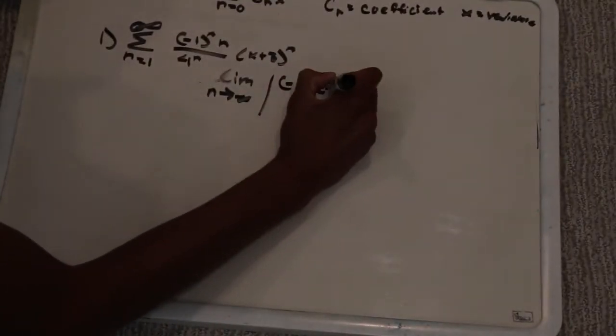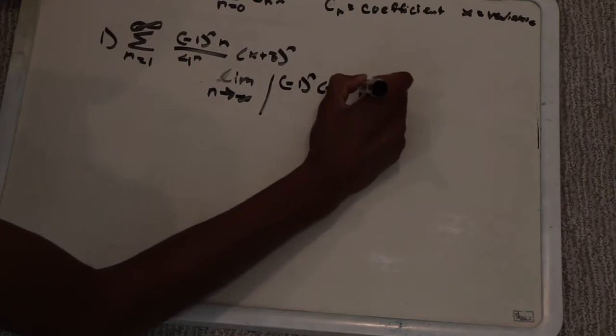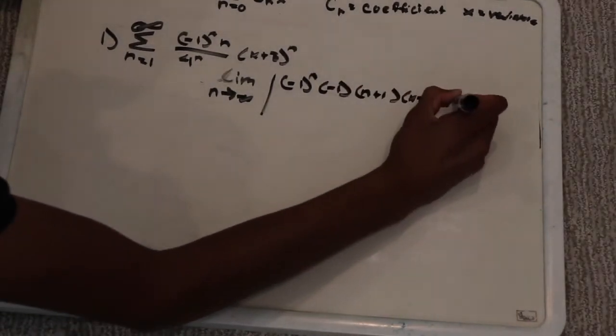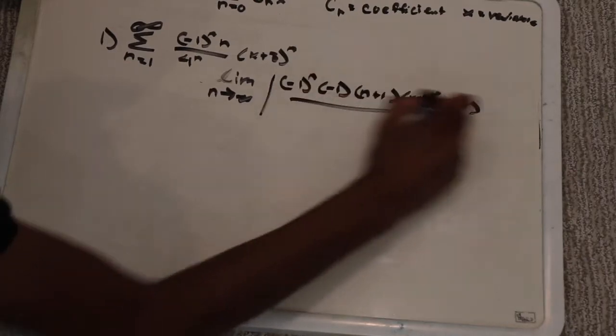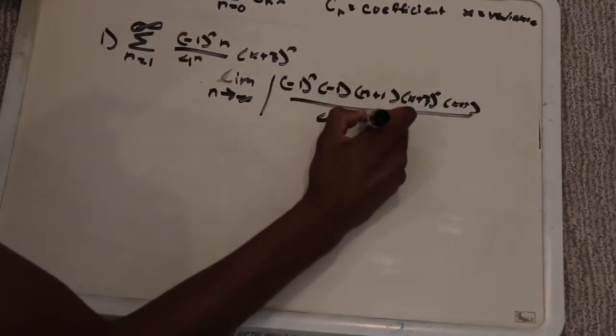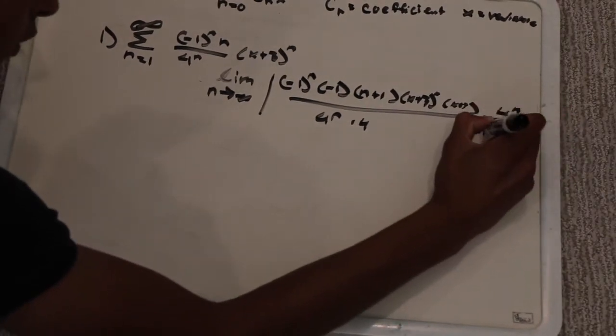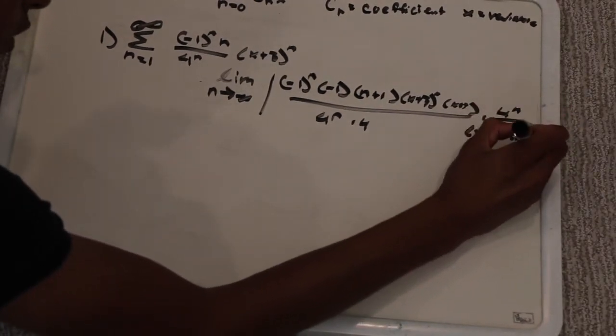So if we go ratio test, limit as n goes to infinity of the absolute value, and I just like to write these out. Remember, it's negative 1 to the n plus 1, n plus 1, x plus 3 to the n plus 1, over 4 to the n plus 1, times 4 to the n over negative 1 to the n, n, and x plus 3 to the n.